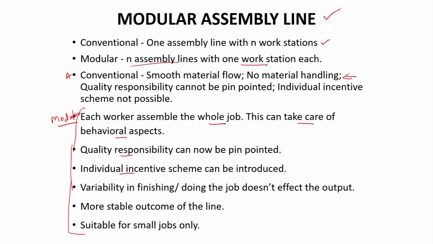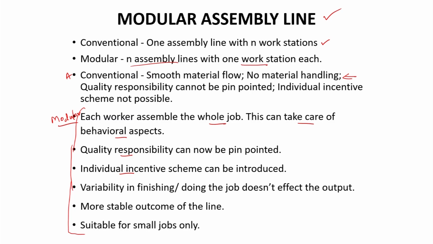So, friends, this was about the assembly line, where we studied the need for line balancing. We studied two types of lines also, fabrication line and the assembly line, and then we studied several techniques of how to balance it, and then we also studied the limitations of flow lines in terms of monotony of jobs, in terms of not being able to implement individual incentive schemes.